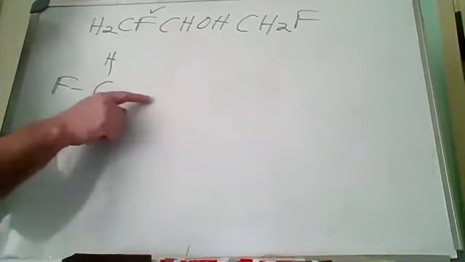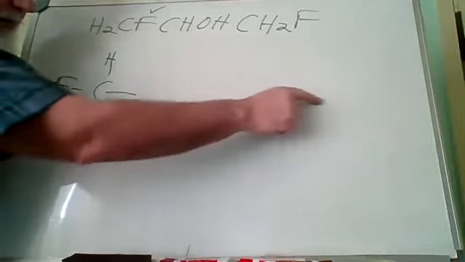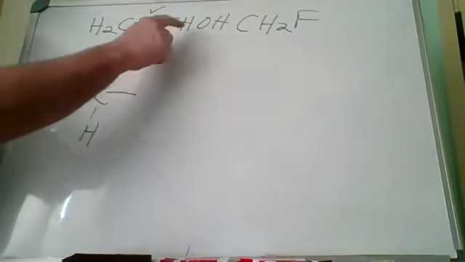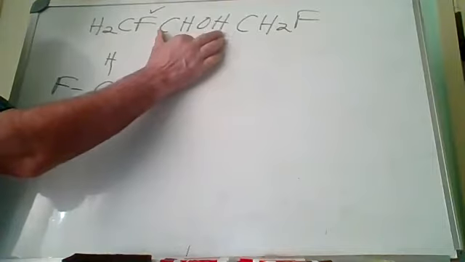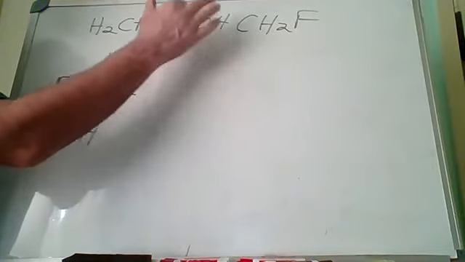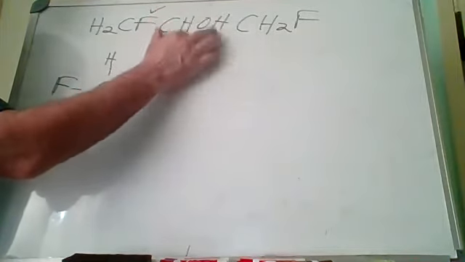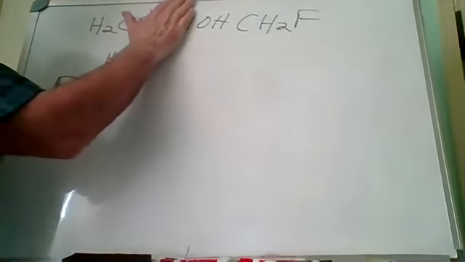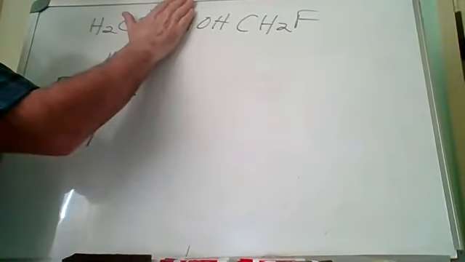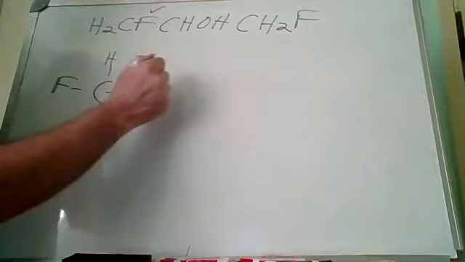The oxygen cannot be part of the growing chain. Well, if it's going to go top or bottom, then this CHOH is going to look just like CH2. And again, that's because the alcohol group can only make one more bond. So let's put that in there.